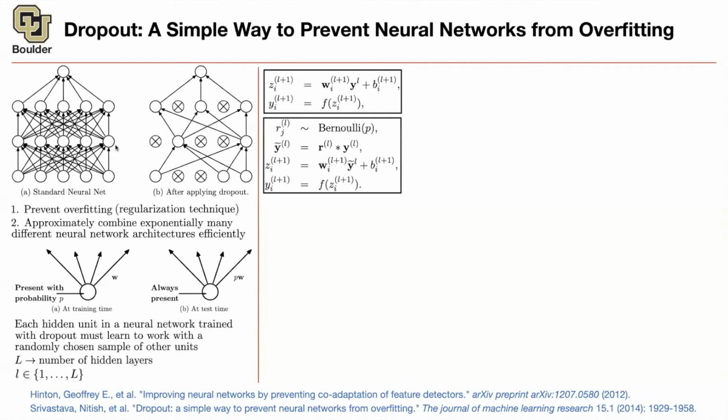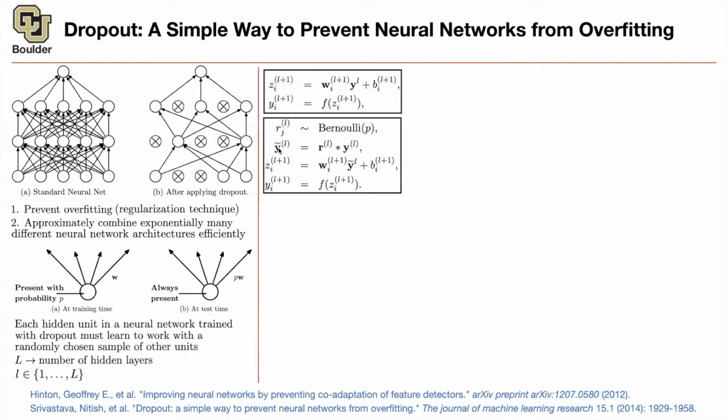Some of them are 0, some of them are 1s. The idea is that you multiply your input by these random numbers. So it means that some of the neurons are going to be absent, some of them are going to be present. And that's going to give you y tilde L.